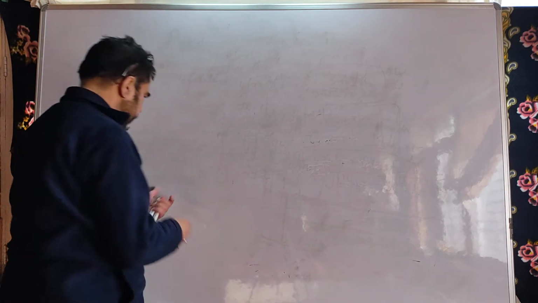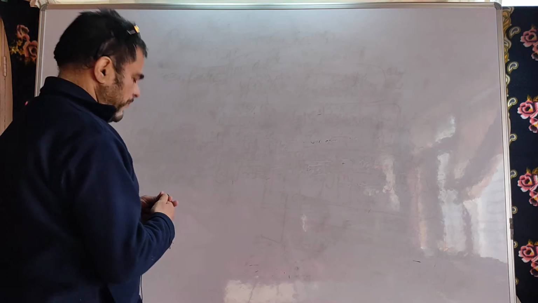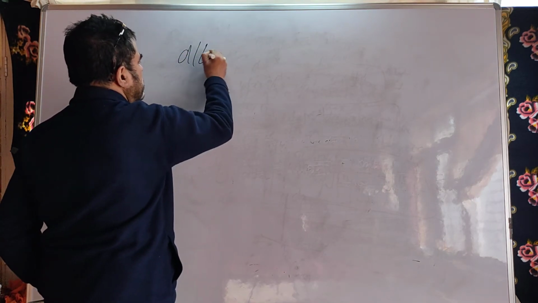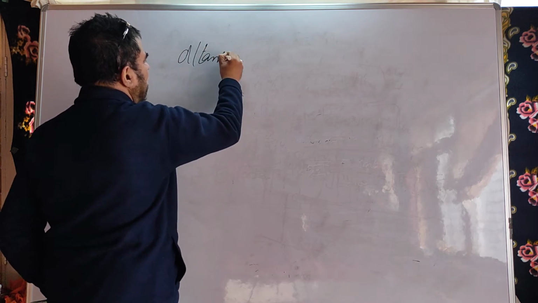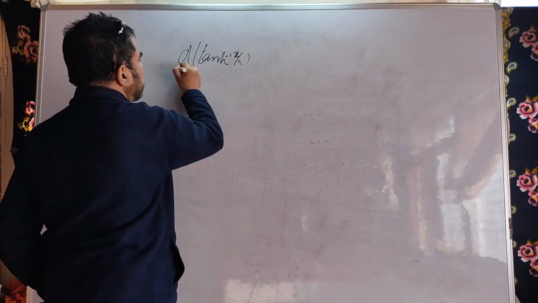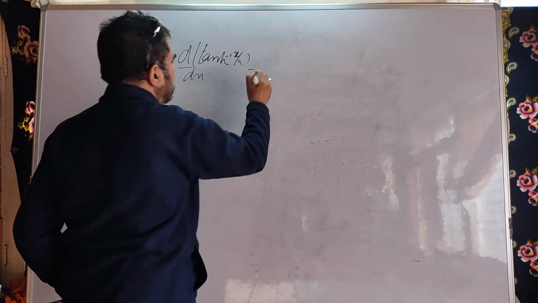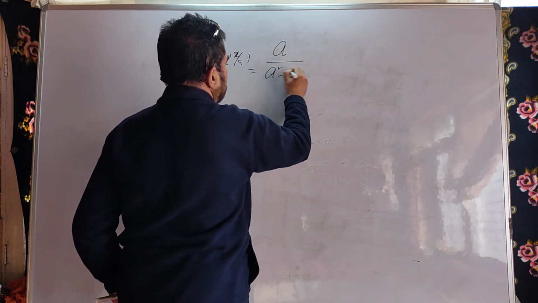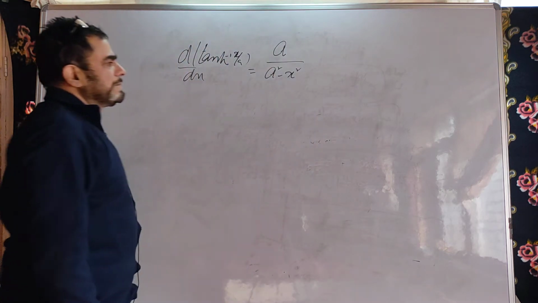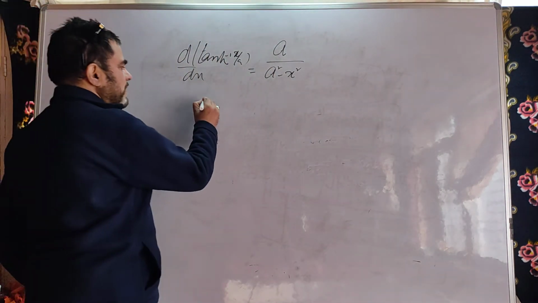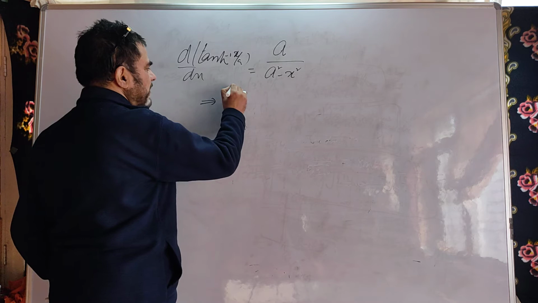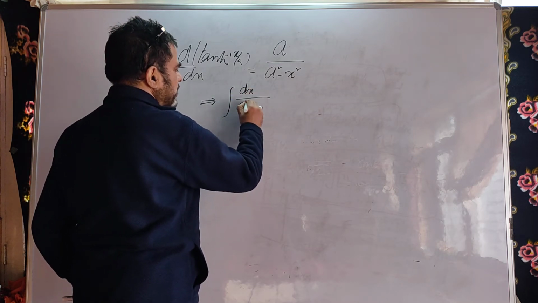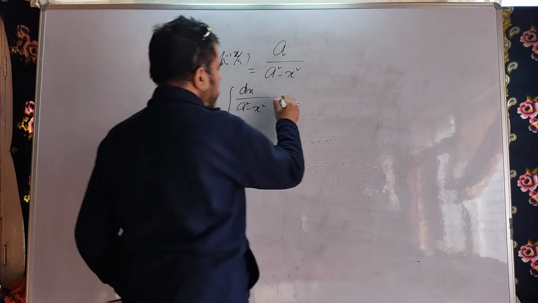Well, next you see, if we differentiate tan inverse x by a with respect to x, note that this is a by a square plus x square. On the basis of this, we have integral of dx by a square minus x square.